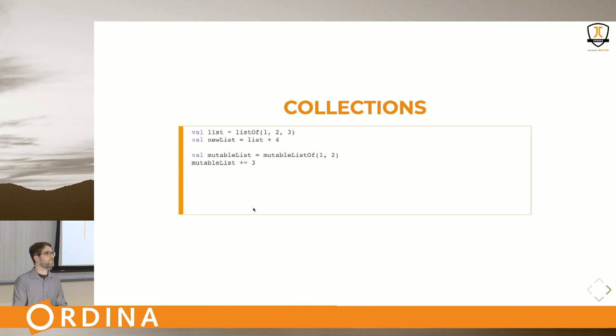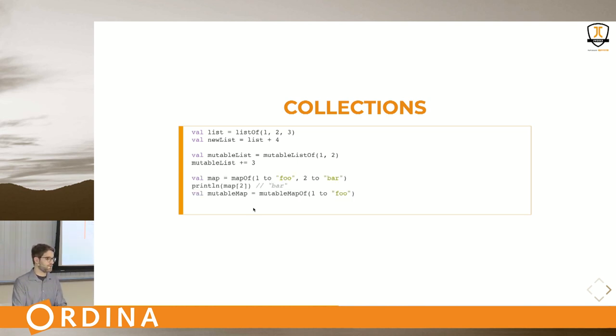You can also make a mutable list if you want, by using mutable list of, which is all part of the core Kotlin libraries. And then you can add a new item instead of .add. Every time you have a collection in Java, you have to do .add and then add your item. Kotlin has operator overloading, so spoiler: you can add items just using plus equals and add your element.